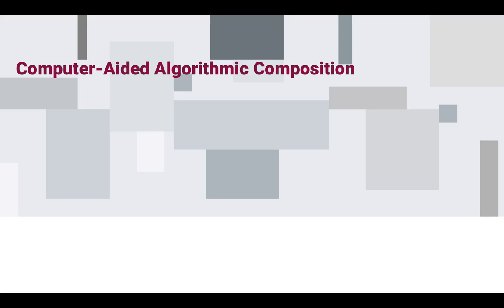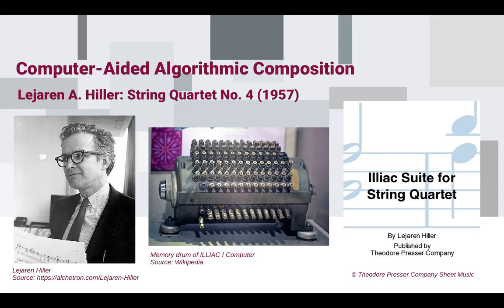Pioneers like the composer Leon Hiller paved the way for using computers as a tool for composition. His fourth string quartet from 1957, generally known as the Iliac Suite, as it was composed on the Iliac I computer at the University of Illinois, was the first computer-aided algorithmic composition. Fast forward a few decades, and the 80s and 90s saw rapid development in computer software for score-based and audio-based music production.